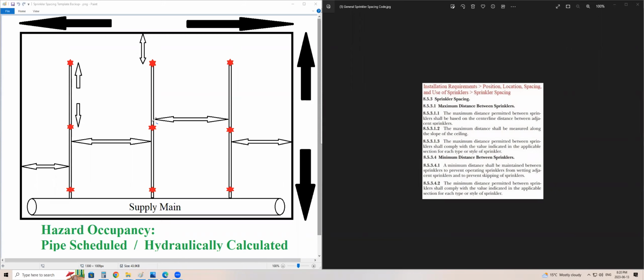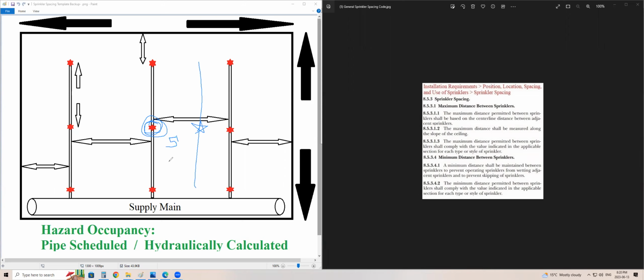But basically, if this head were to go off right here in the middle, right? If that head were to go off and I were to space this head, we know the minimum distance as per NFPA 13 is 6 feet. But let's say I installed it 5 feet. Here's my branch line, there's my sprinkler head. What if I installed this 5 feet, right? Now I've gone less than the minimum per code.